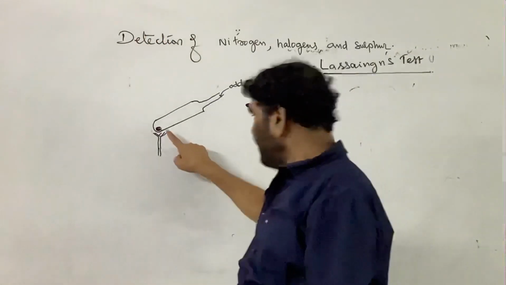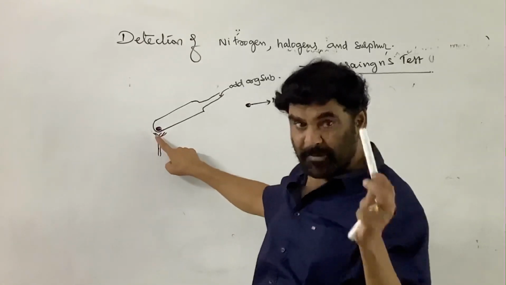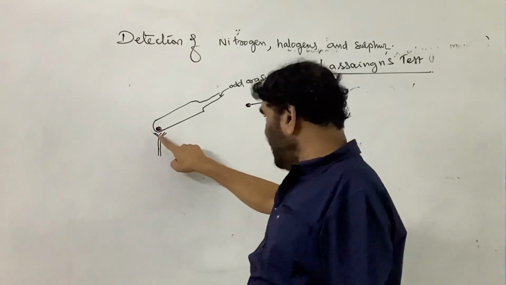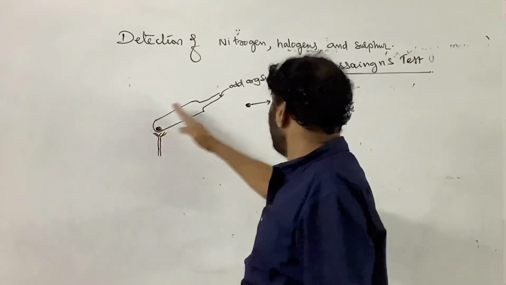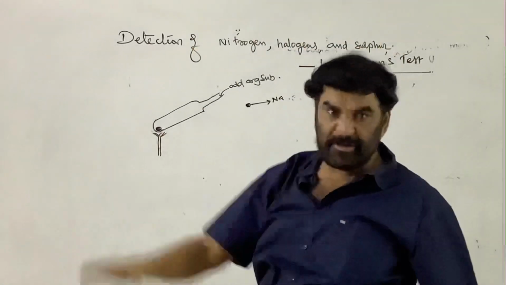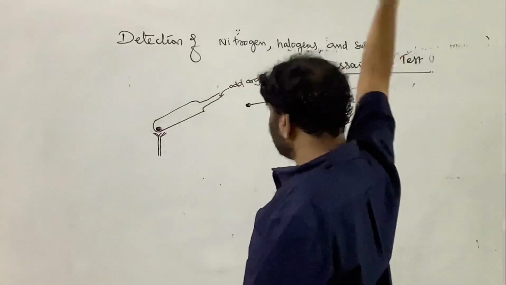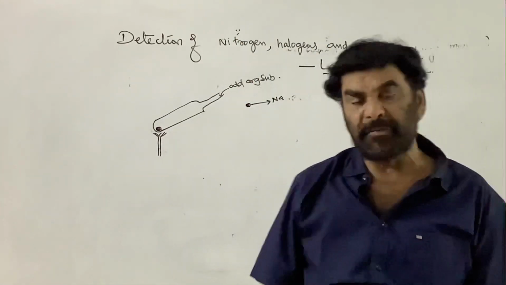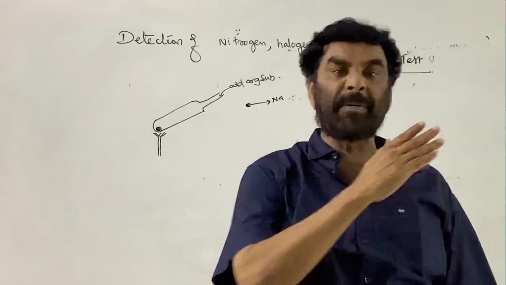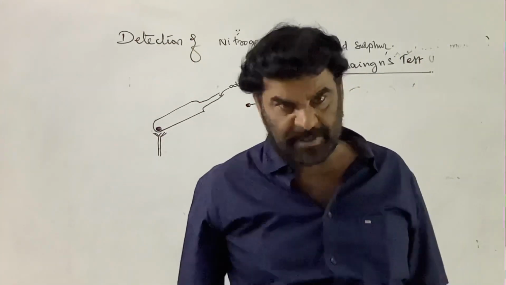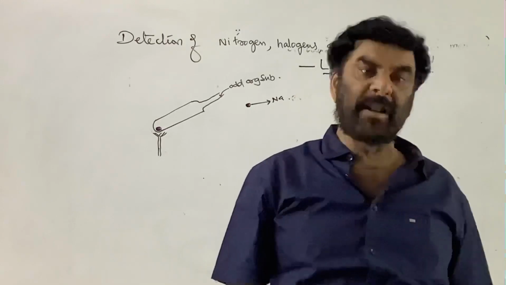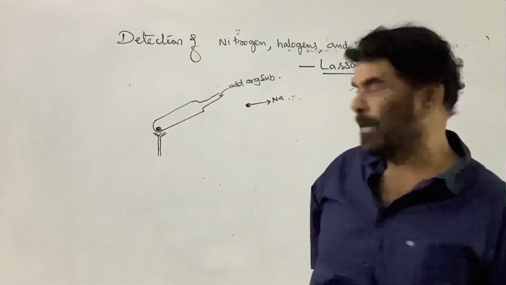If you do not give sufficient time, if you heat it suddenly, then what happens? The organic substance changes into vapor form, gas form, that escapes from the tube without reacting with the metallic sodium. That is vaporization, and vaporization of the organic substance becomes the major process rather than reacting with the metallic sodium.